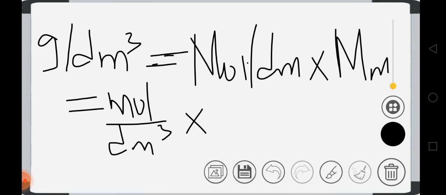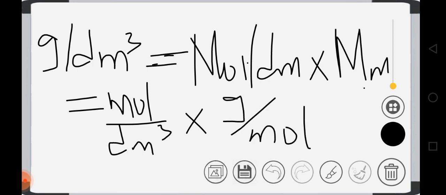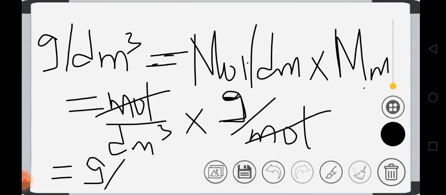What is the unit of molar mass? The unit of molar mass is grams per mole. This mole cancels this mole, then you multiply, and we are going to have a final answer of grams divided by dm cube.